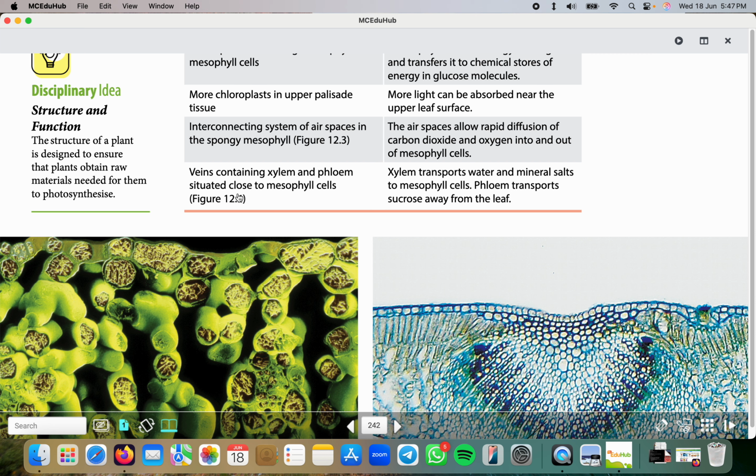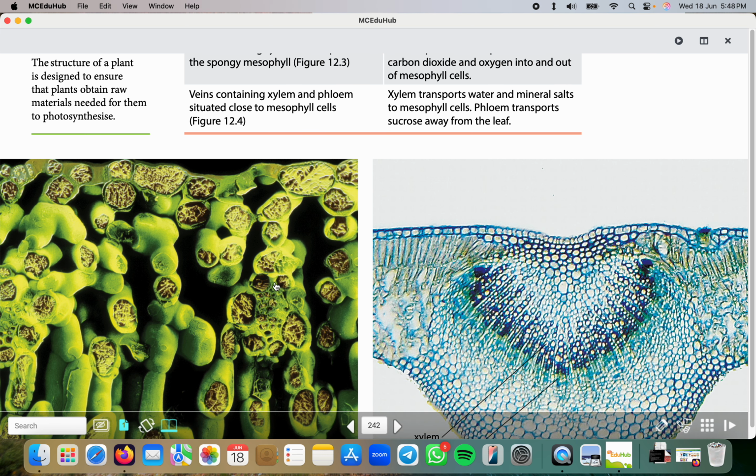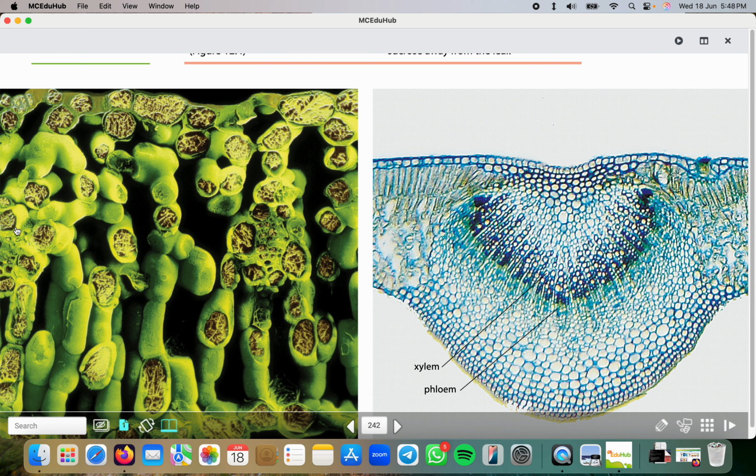Last but not least, we have the veins that contain the xylem and the phloem, which are situated close to the mesophyll cells. Over here also, these are a network of veins. Usually the xylem will be the upper layer, and then the phloem will be in the lower layer. You can also see it over here.